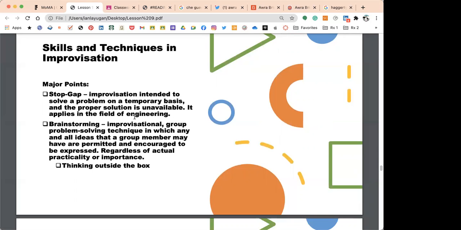For example, it applies in the field of engineering. Brainstorming is an improvisational group problem-solving technique in which any and all ideas that a group member may have are permitted and encouraged to be expressed, regardless of actual practicality or importance.